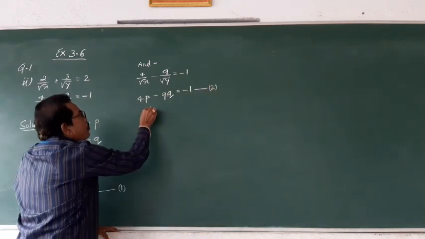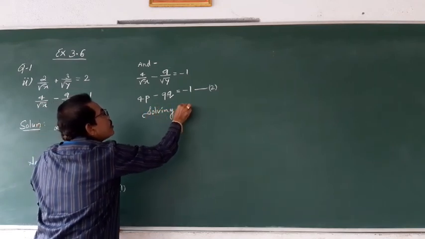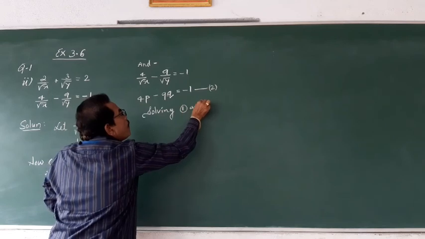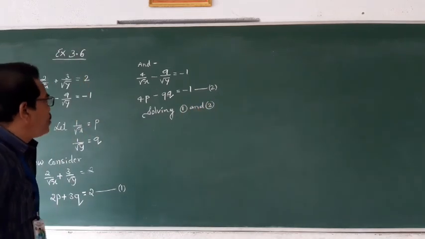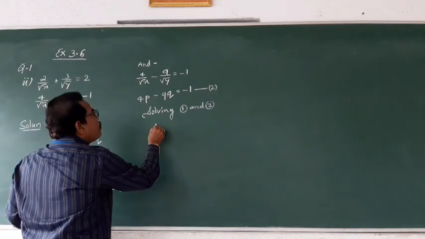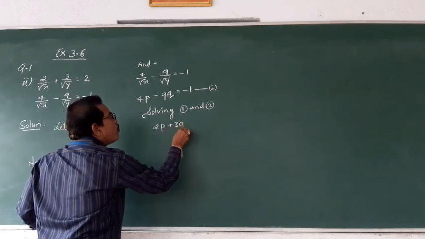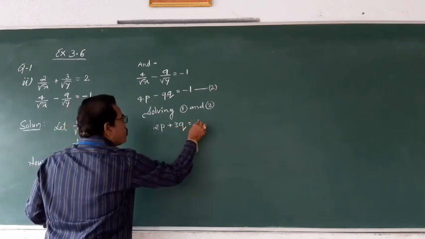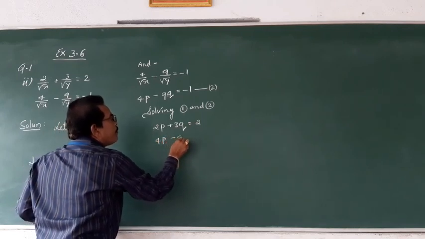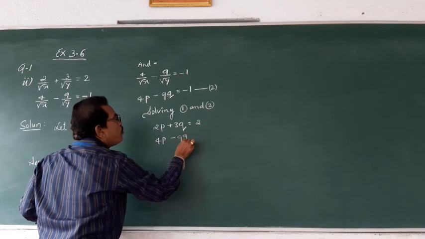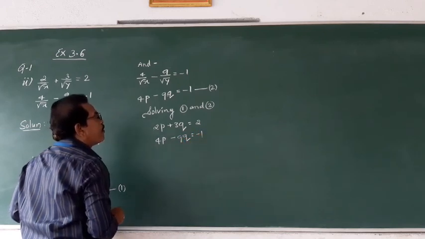Solving 1 and 2. We have, see, 2p plus 3q equals to 2, 4p minus 9q equals to minus 1. Okay?